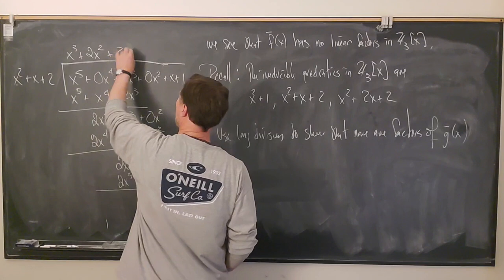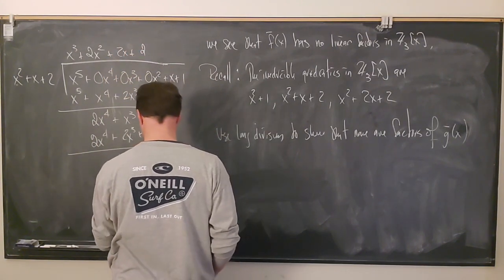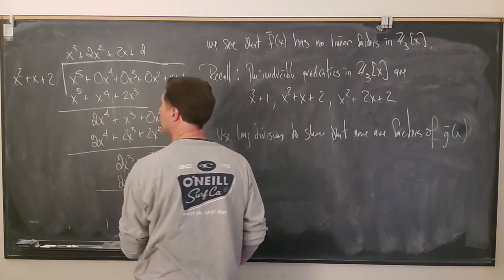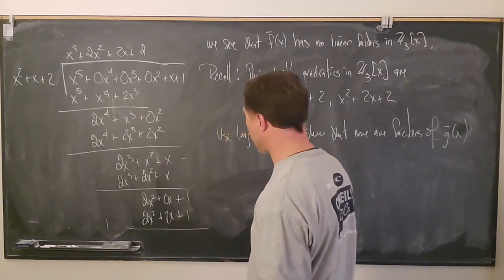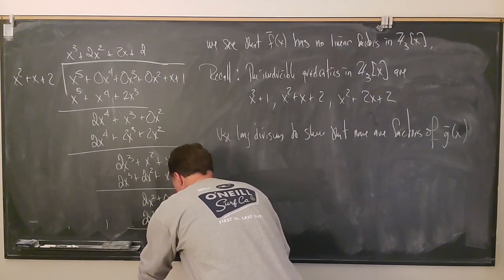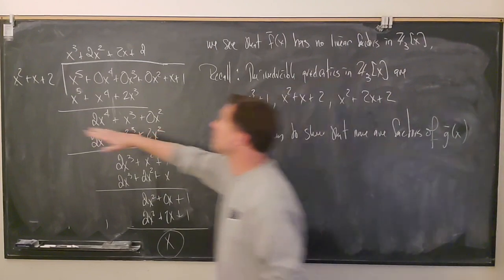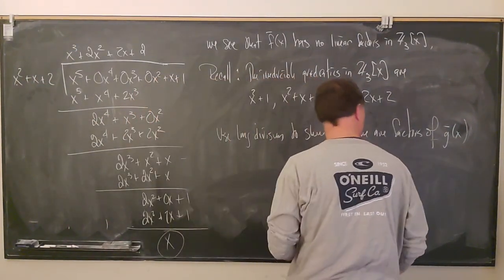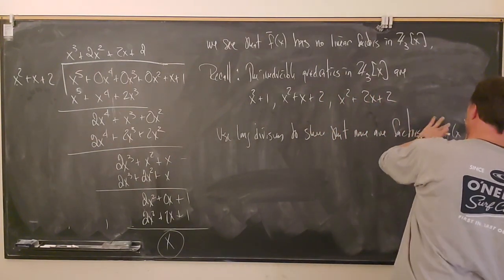So plus 2, so that'll be a 2x squared plus 2x plus 1. Subtract, and we get a negative 2x, which is x. Non-zero remainder tells us that this polynomial is not a factor of f bar of x. Oh, and I'm sorry, I called it g bar, didn't I? When it's really f bar.